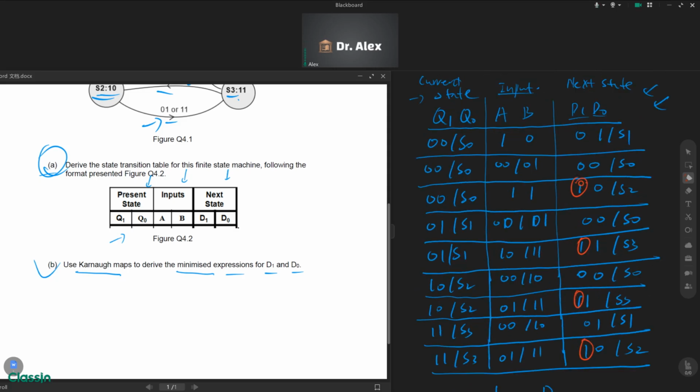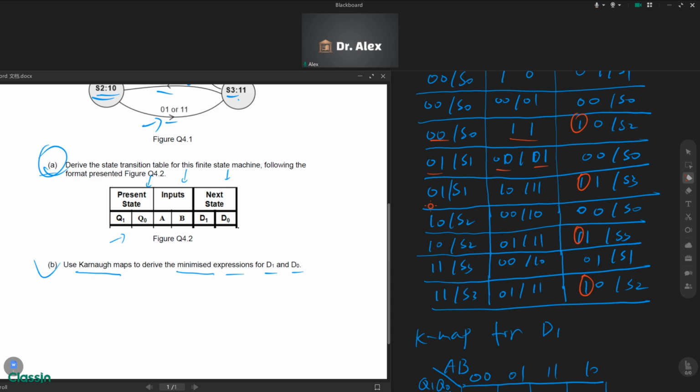So we can get Q1 Q0 as 0 1, 0 0, and AB as 0 0, 0 1. This one is 0 0, 1 1. We just fill the table from this combination.